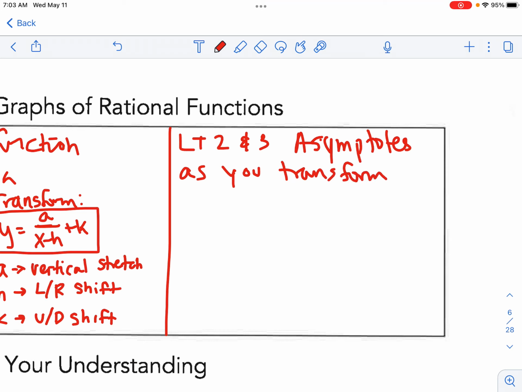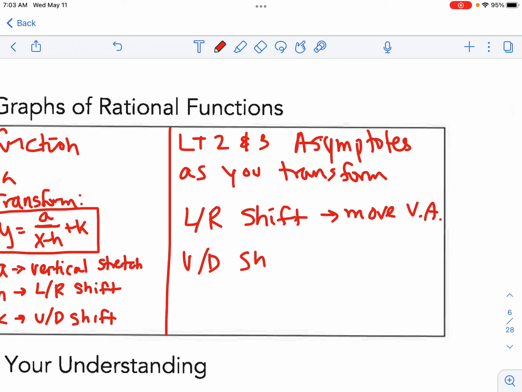So we know that the left-right shift is going to move the vertical asymptote, and the up-down shift is going to move the horizontal asymptote.